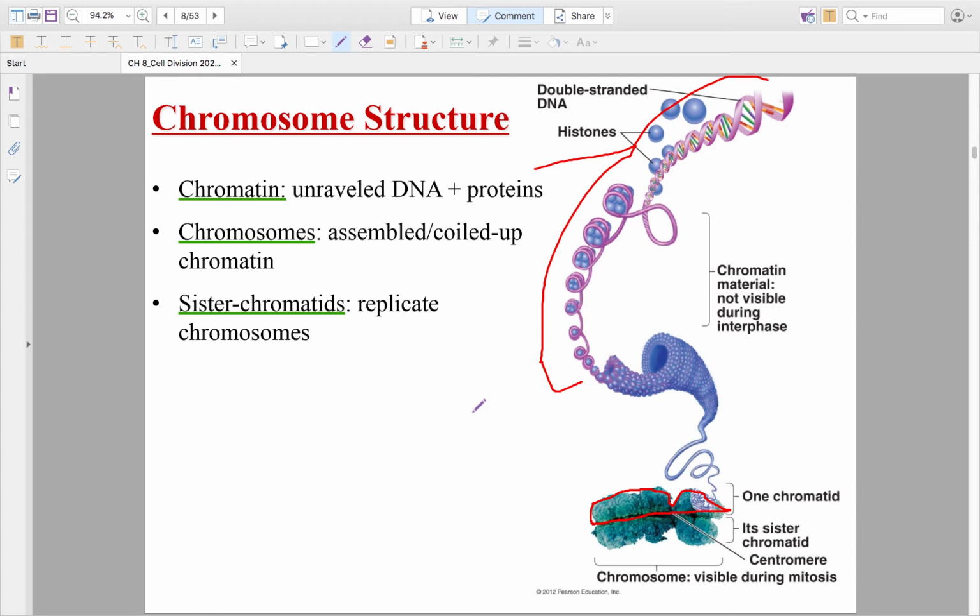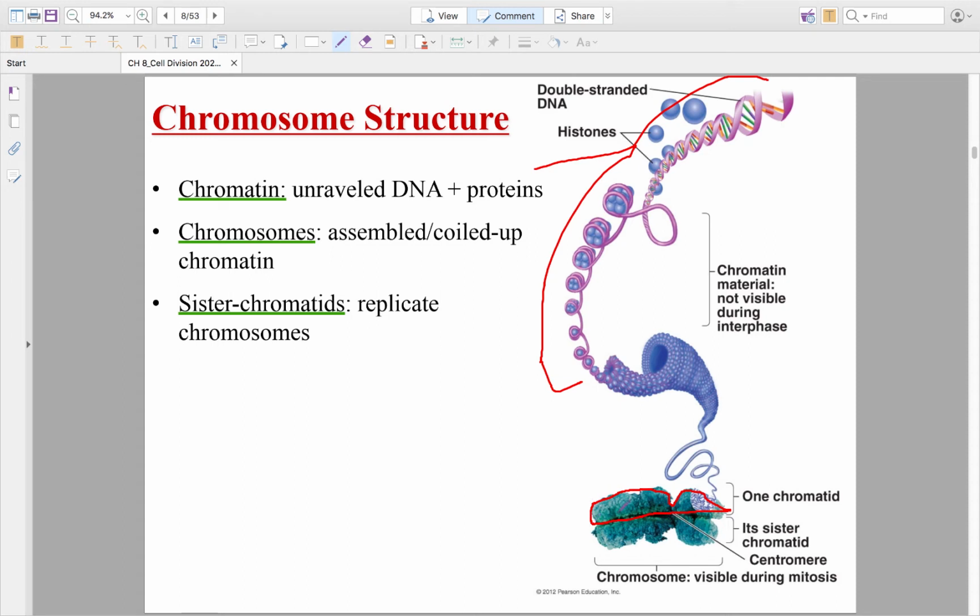We had to copy all of the prokaryotic DNA. Well, eukaryotes work the same way. They're going to have to copy every single chromosome that we have in order to reproduce a replicate cell.